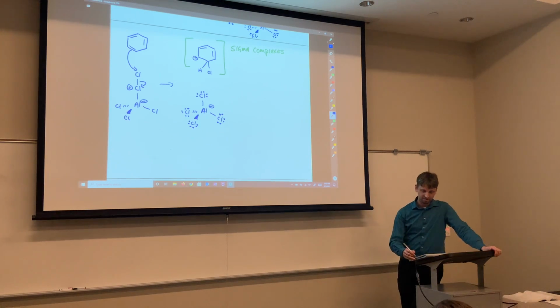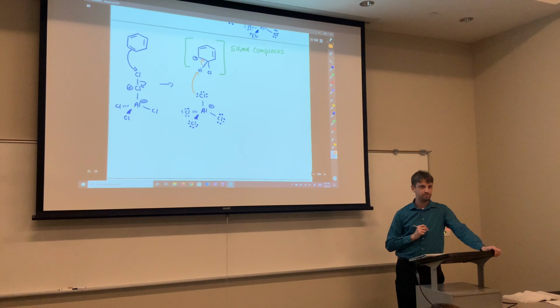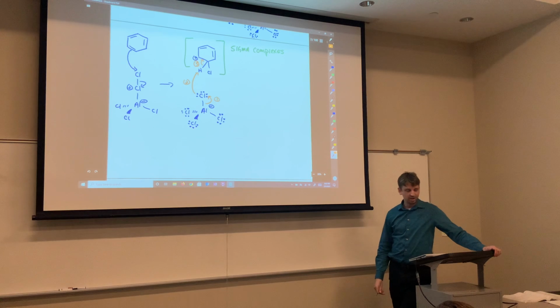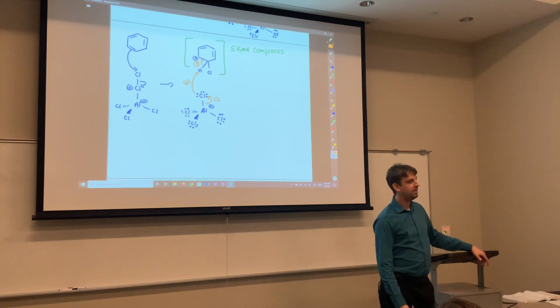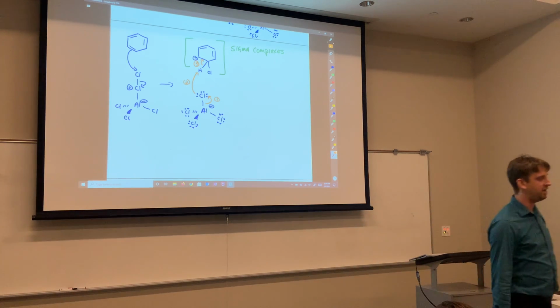So here's what happens. Okay, so the aluminum chlorine bond, this gets made, that gets made there. So those 3 arrows right there, that's what's happening on a step-by-step basis.